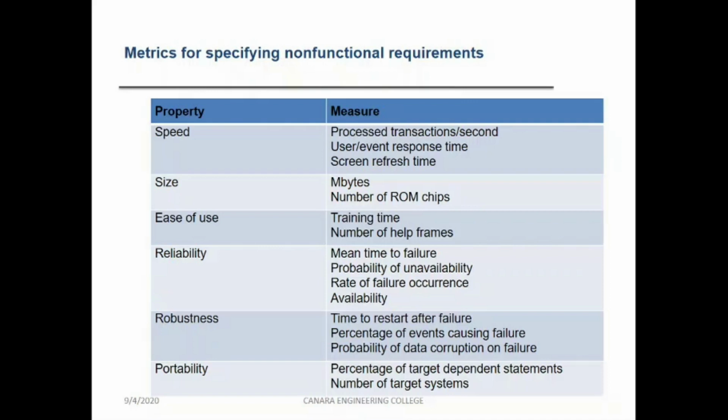Mean time to failure, how many times the system has failed, is checked in reliability. If failures are more, then reliability is very low. And size: how many bytes are used by the product is checked. So these are the six metrics used to measure the non-functional requirements.